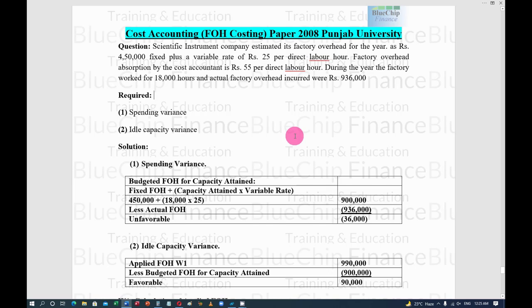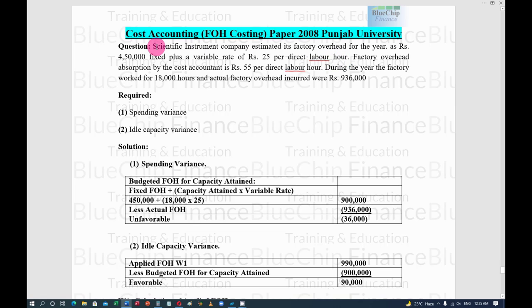Next question is about FOH costing or variance analysis, from the paper of 2008, in which the question is that Scientific Instrument Company estimated its factory overhead for the year as rupees 450,000 fixed plus a variable rate of rupees 25 per direct labor hour.